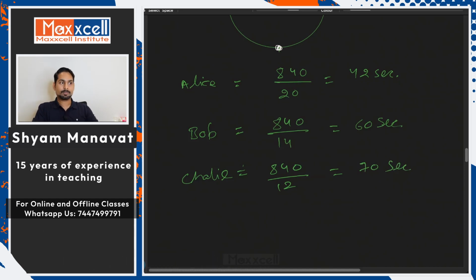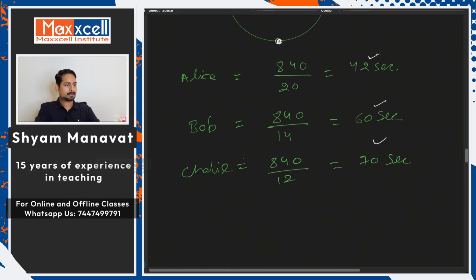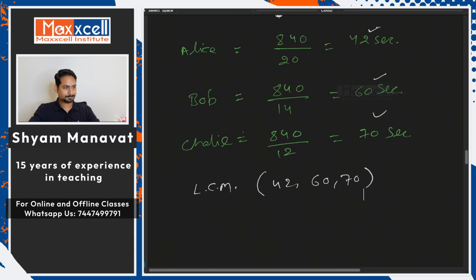Now if you want them to meet at the starting point again, that should be the LCM of the times which you got here. So just calculate the LCM of 42, 60 and 70. What will you get?